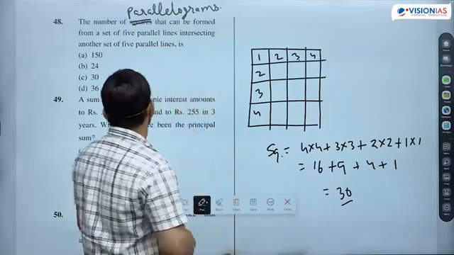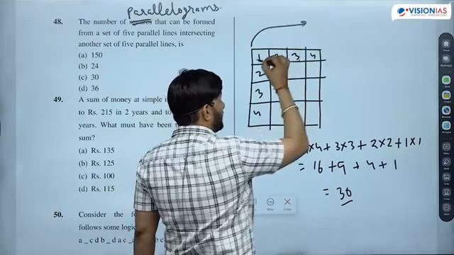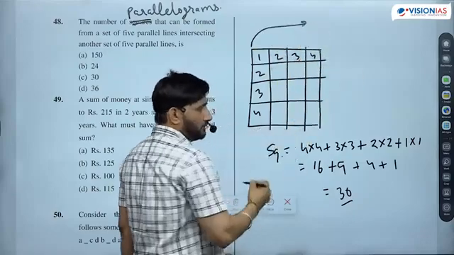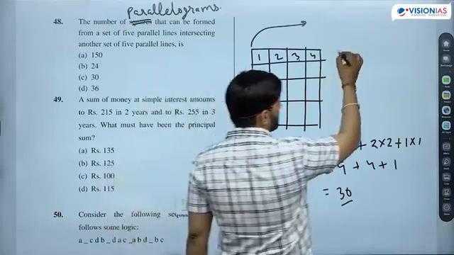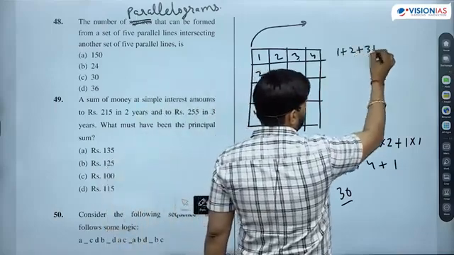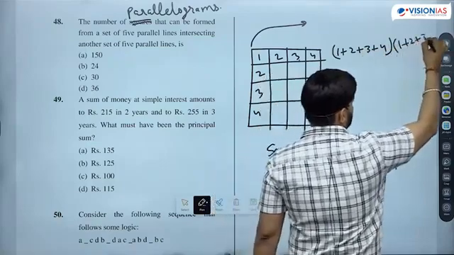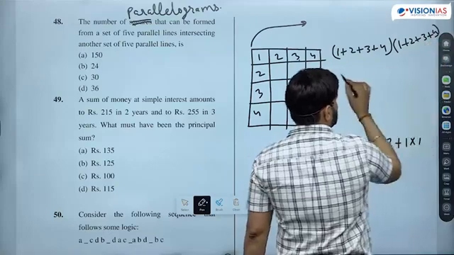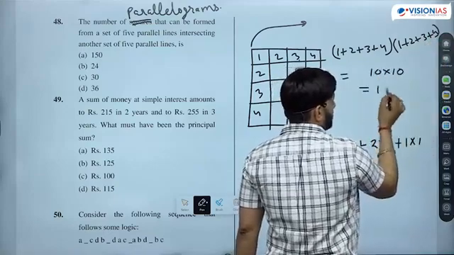पैरेललोग्राम के लिए बच्चे क्या बनेगा? पैरेललोग्राम के लिए you take the sum of all the numbers in a row and sum of all the numbers in a column, then multiply 1 plus 2 plus 3 plus 4, multiply it with 1 plus 2 plus 3 plus 4, so that will be 10 into 10, answer will be 100.